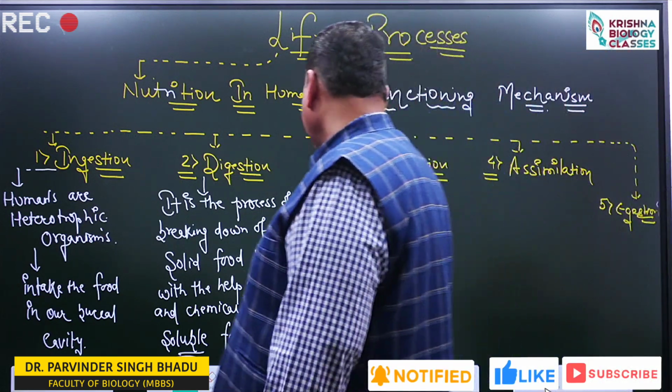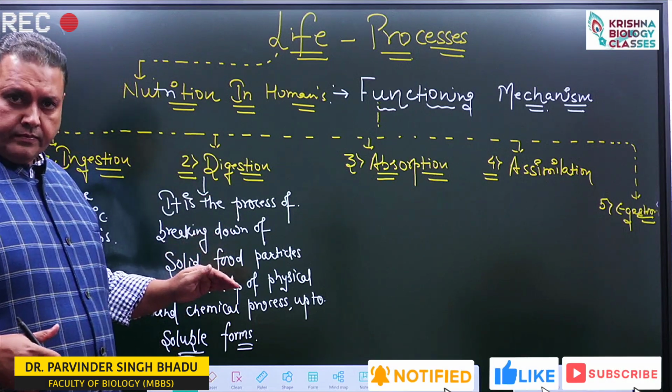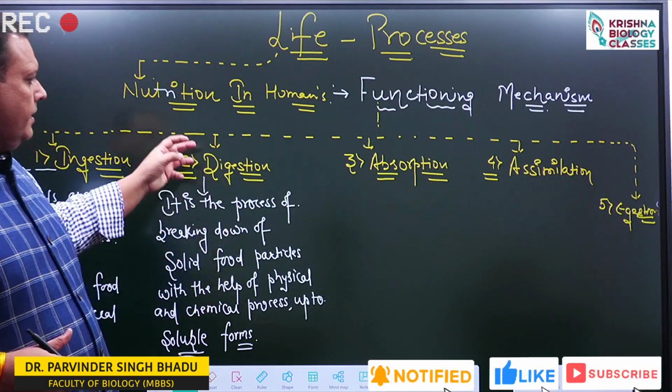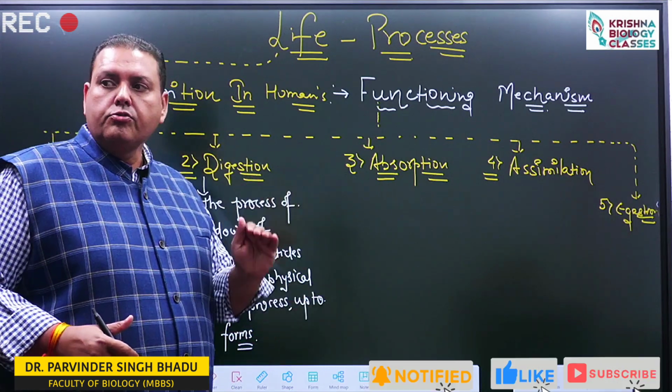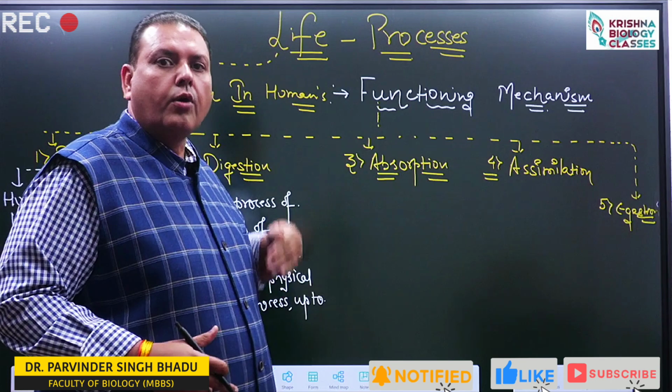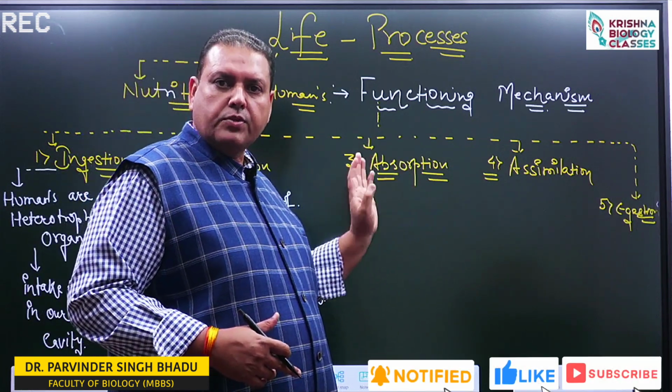Now, immediately after the digestion, the soluble nutrients or the soluble food particles get entered into our bloodstream. That process is named as absorption.